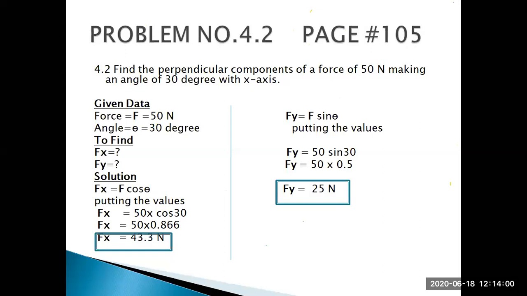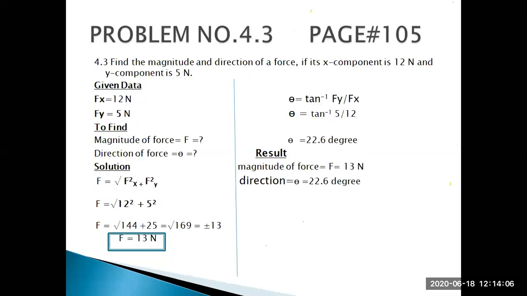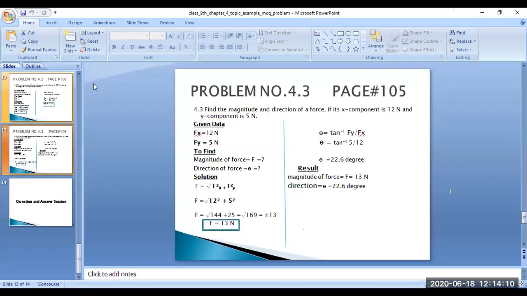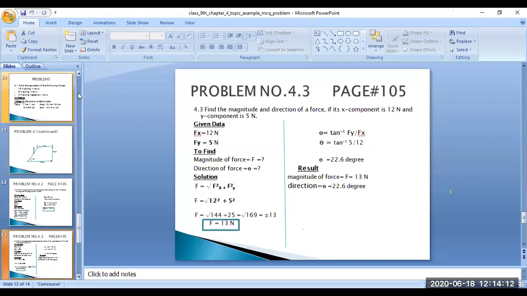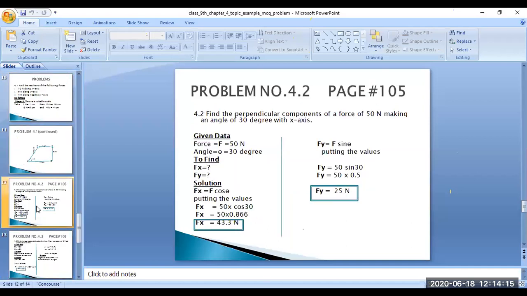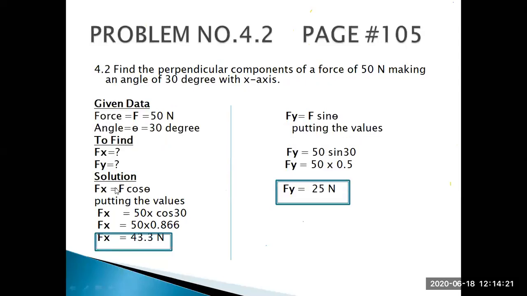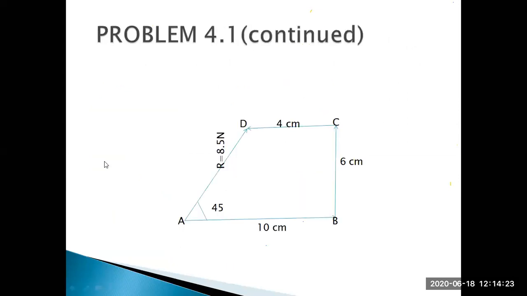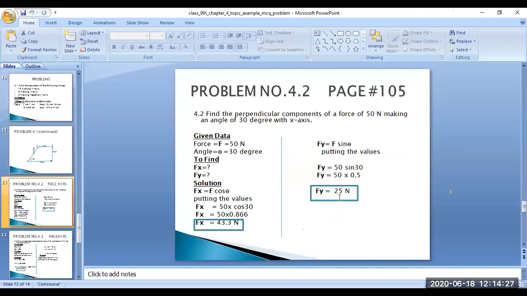So first of all, I find Fx. The horizontal component of the force is denoted with the letter Fx, and the vertical component of the force is denoted with the letter Fy.